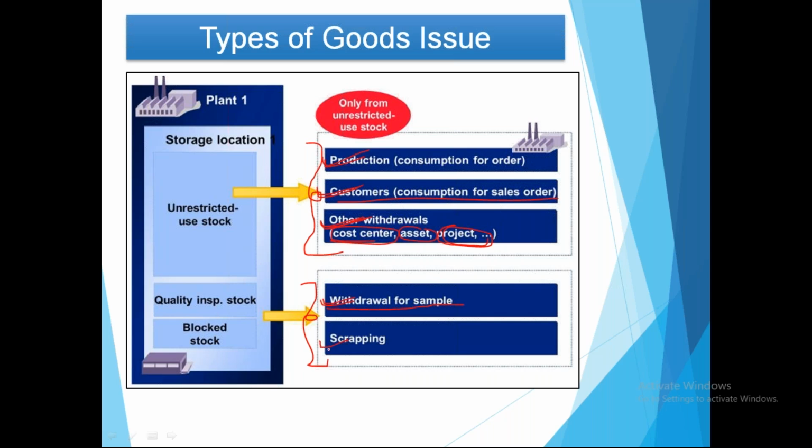And scrapping means you are going to discard the material. You have a material, and after a certain time you decide that this material cannot be used anymore, so you will scrap the material. These are called unplanned goods issue. So there will be planned goods issue and unplanned goods issue. We will see all these things in the system.